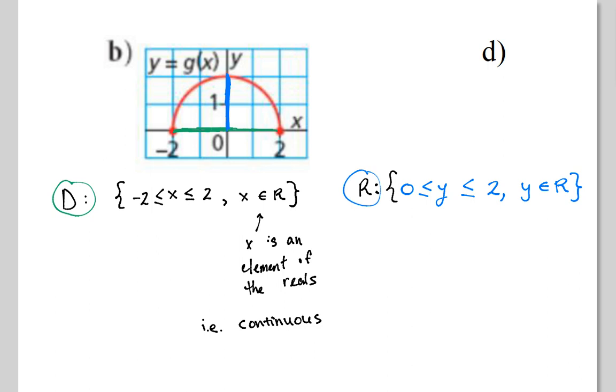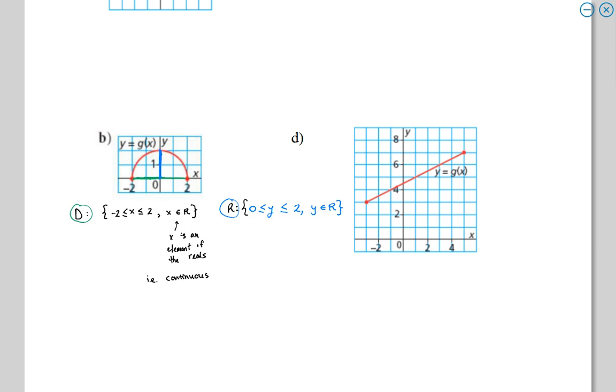This is definitely important. In Math 20 and Math 30, you are frequently asked for the domain and range of functions. Frequently.